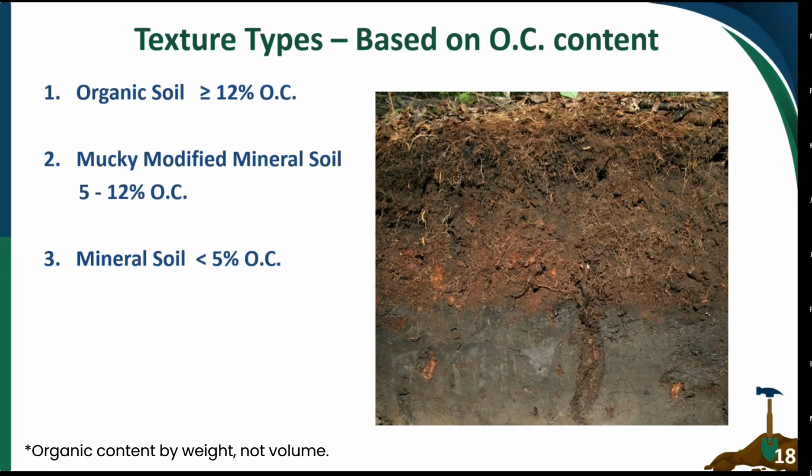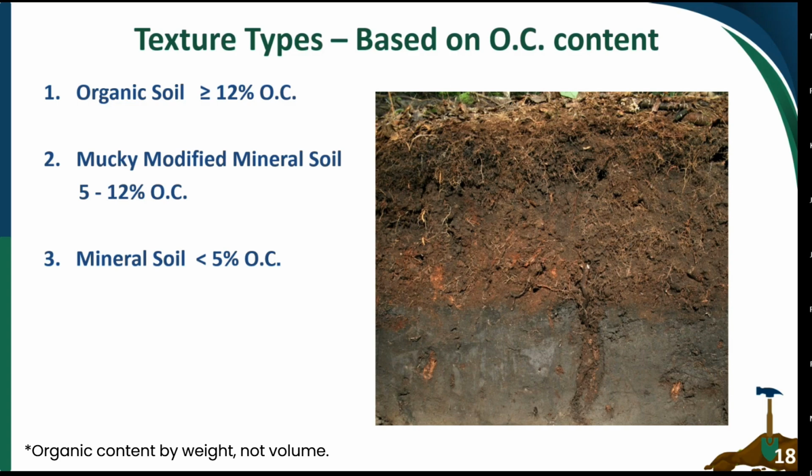Then mucky modified mineral soils contain enough decomposed organic matter to noticeably change the color and physical behavior of the mineral soil, and they contain 5 to 12% organic carbon. Some of you may remember that this used to have a sliding scale based on clay percentage, but that requirement was eliminated. And then the third category is mineral soils, which have less than 5% organic carbon.